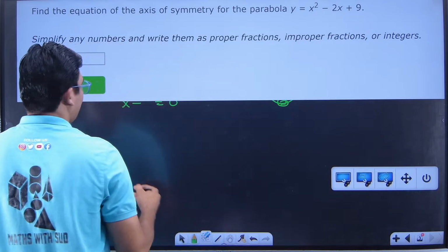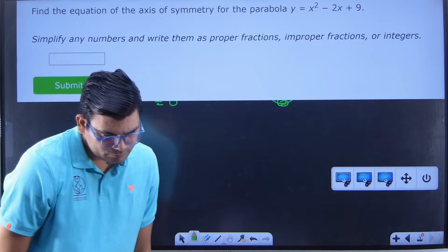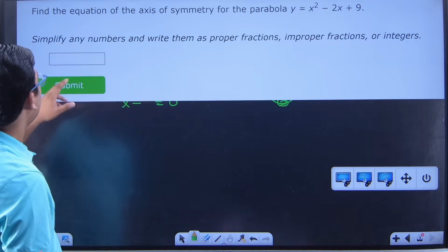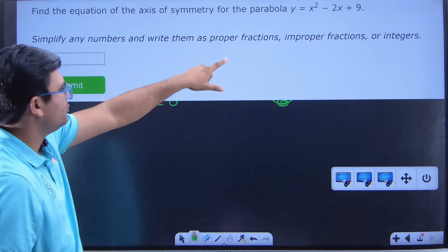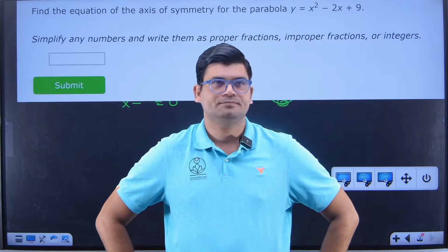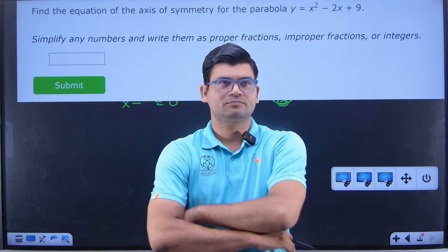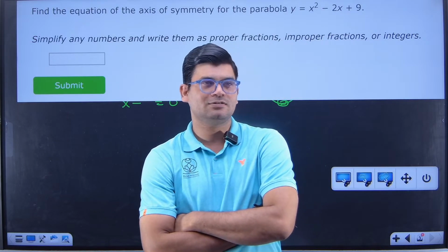Okay. Tell me what is the process that you will apply for this question. Find the equation of the axis of symmetry for the parabola y is equal to x squared minus 2x plus 9. Sir, will we use minus b by 2a here? Yeah, you can use that to find the vertex.